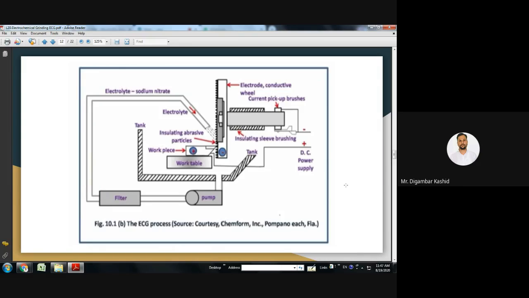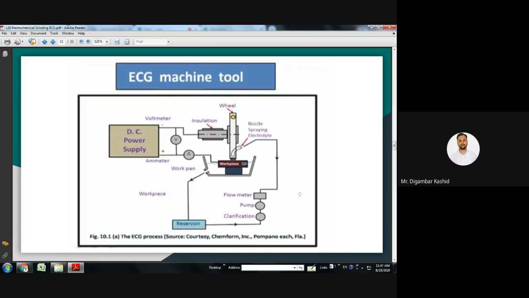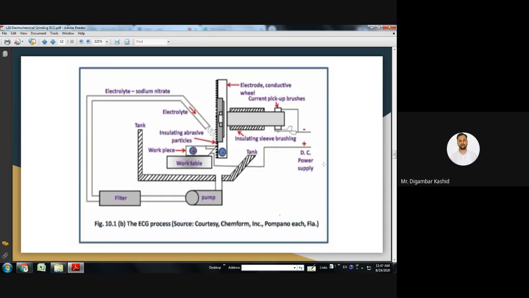We should have a separate nozzle arrangement to flow the electrolyte, and for that purpose pump and filter are used in both cases. These are the different setups of electrochemical grinding, but the working principle will be the same.